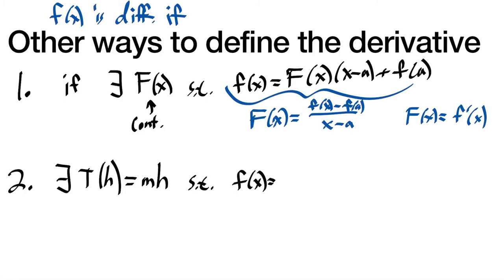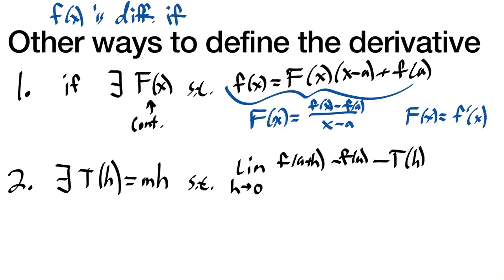our function f of x equals the limit. Oh, sorry, not f of x. Such that the limit as h goes to 0 of f of a plus h minus f of a minus t of h, all divided by h, equals 0.